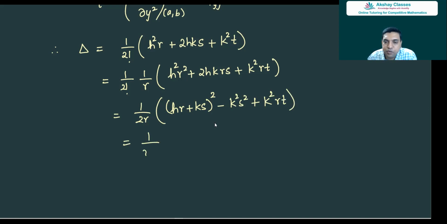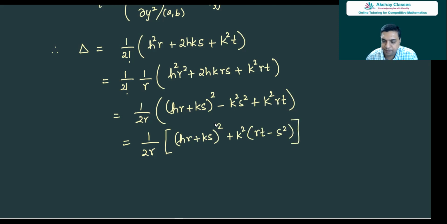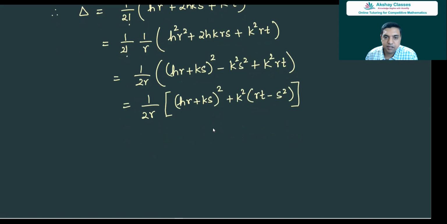So 1 by 2r times hr plus ks the whole square plus k square times rt minus s square. So delta is written like this.